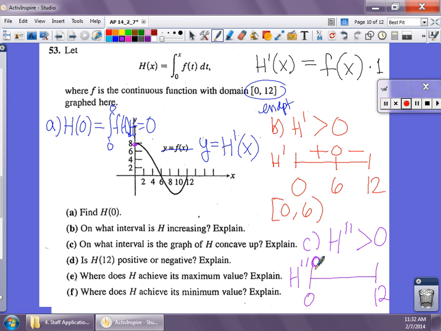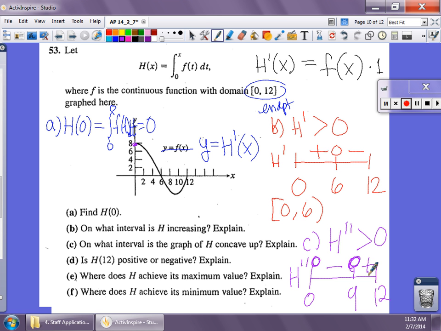So I'll put a 0 there. Where's my other one? Yeah, I would say 9. It's a little bit off. I'm sorry about that. I would say 9. On the AP test, they're very clear. They will tell you where the horizontal tangents are. All right, so slope is negative, then slope is positive. Therefore, I am concave up from 9 to 12.